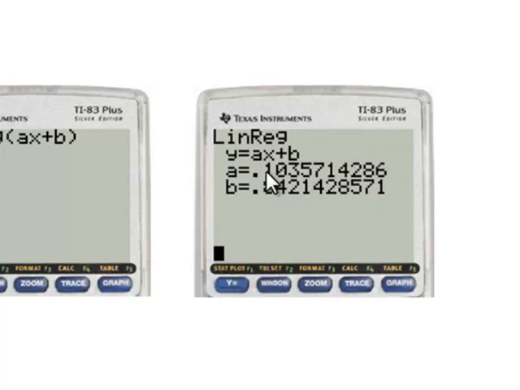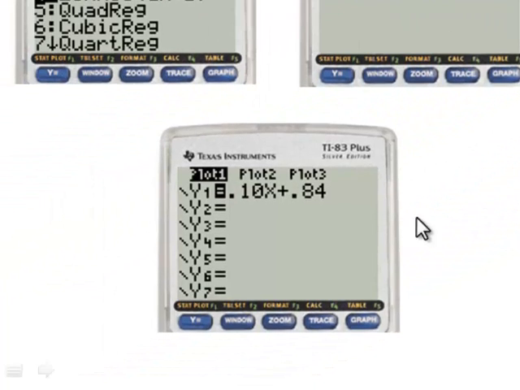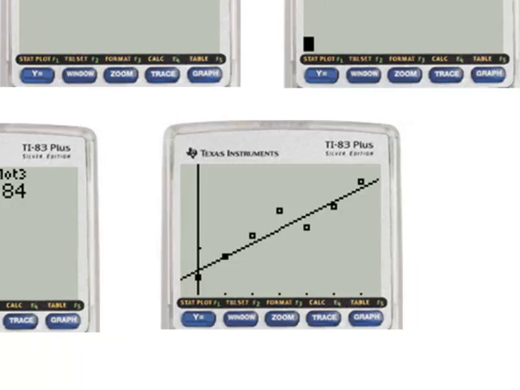A is the slope, B is the y-intercept. To check how well this model fits the data, we hit y equals, and rounding to 2 decimal places we type in our line of best fit, which is 0.10 x plus 0.84. Hit graph, and we see that this line fits the data pretty well.